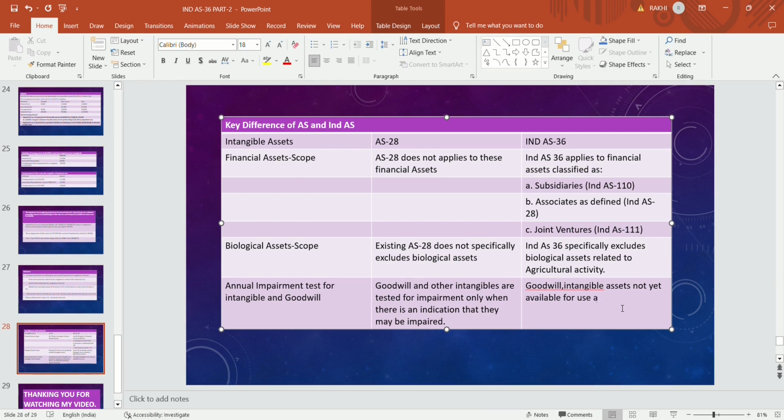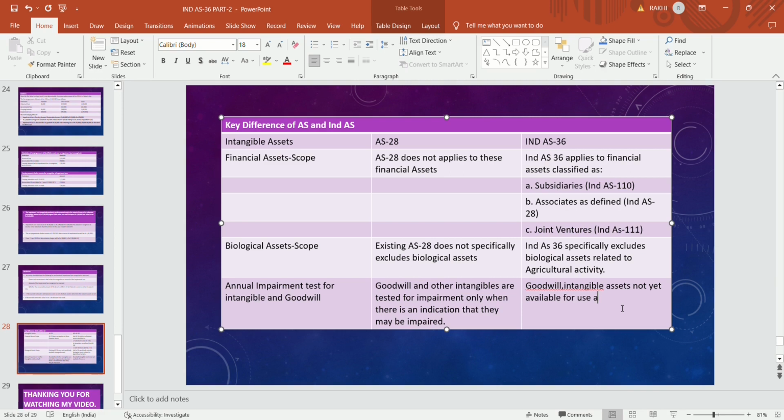Accounting Standard AS 28 does not say that if there is no indication, you have to test goodwill and other intangibles.